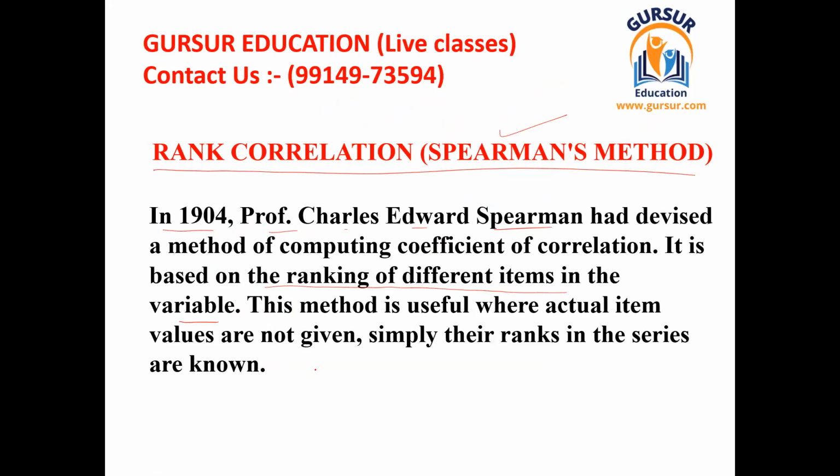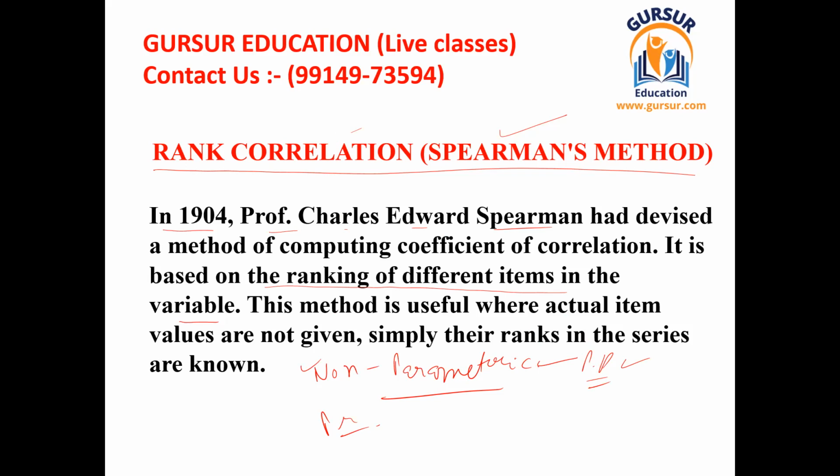And this is a non-parametric approach. This is a very important word. When we study probability distributions, we shall study these in detail. Some tests are parametric, some are non-parametric, and rank correlation falls in the non-parametric category.